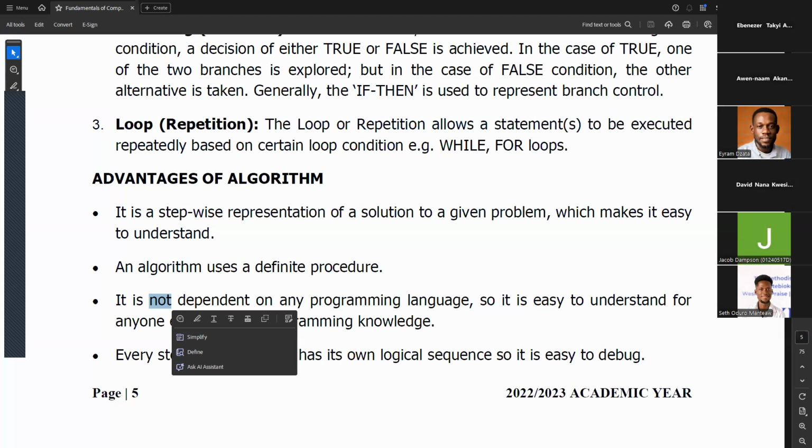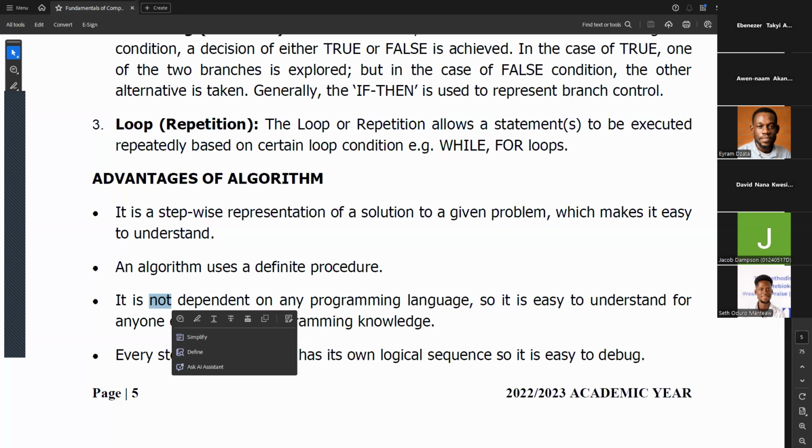I may not know any programming, but I can write an algorithm. If I want to find the area of a circle, first I need the value of the radius, which is my input. Then I pass it into the formula, pi r squared, and I get my output.